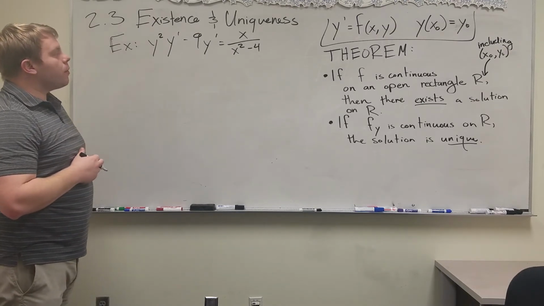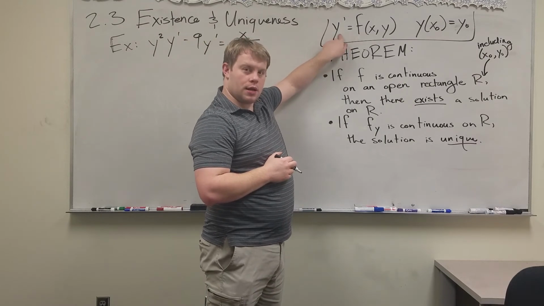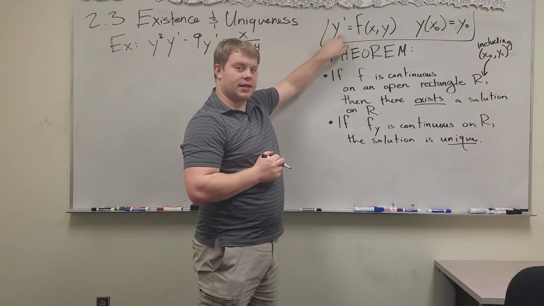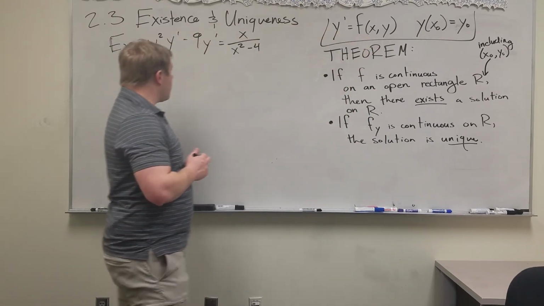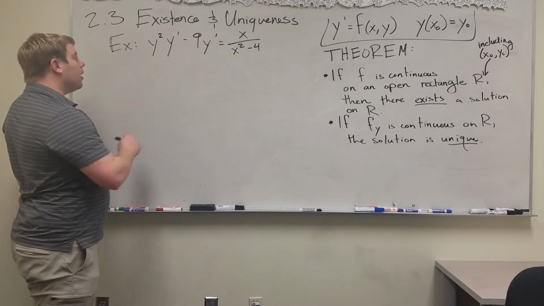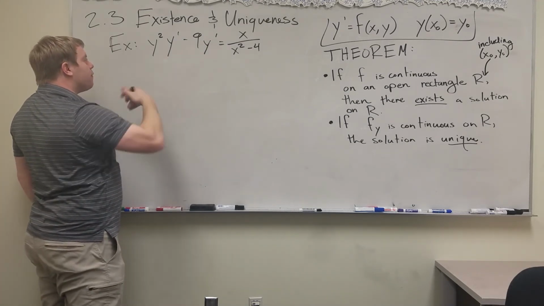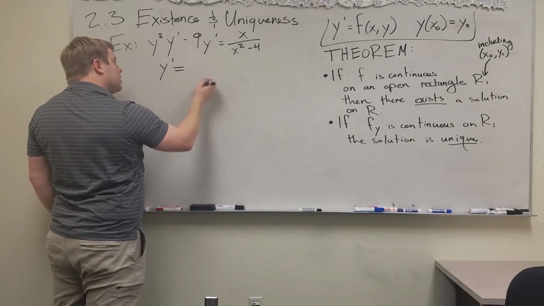Okay? So remember, to apply this theorem, we first need to rewrite the equation so that y prime is isolated on one side, so that we know what function f we're dealing with. I can factor out a y prime from this left-hand side and then divide both sides by y squared minus 9 to get this.